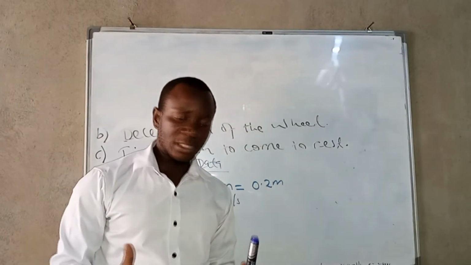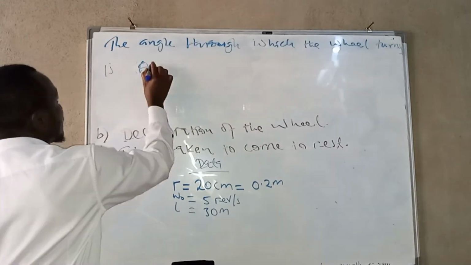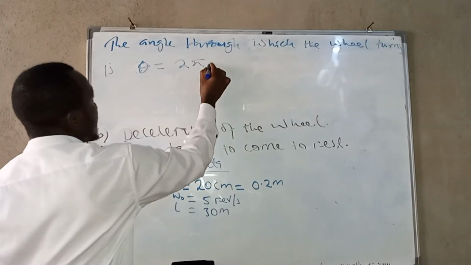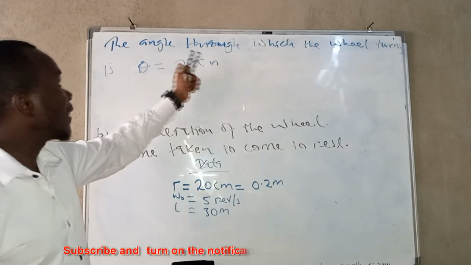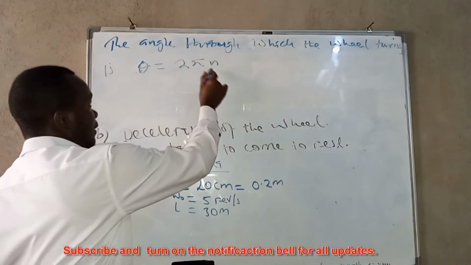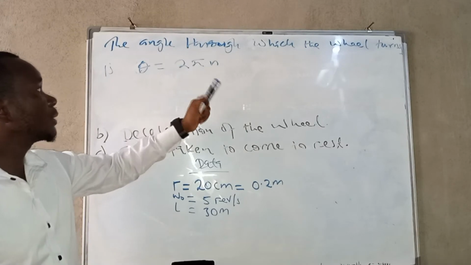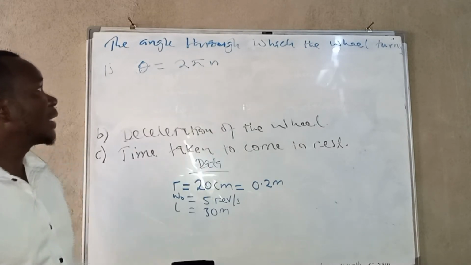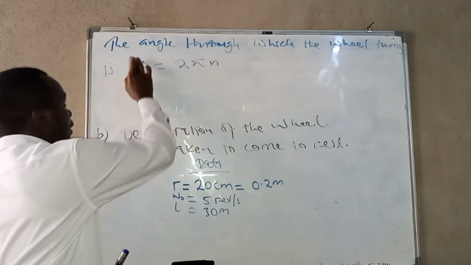Now, the angle through which the wheel turns is theta equal to 2 pi N. So this is the angle through which the wheel turns. Now, pi has a value of 3.142 or 22 over 7, and N is the number of turns. So let us keep this equation.